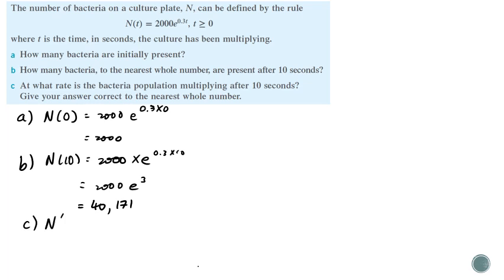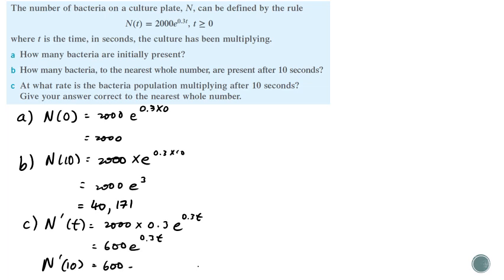Let's see, at what rate is the bacteria population multiplying? Because, right, we need to find the derivative, which then gives us 2000 times 0.3 e to the power 0.3t. That'll give us 600 e to the power 0.3t. At 10 seconds gives us 600 e to the power 3, which is then equal to 12,000 and something.